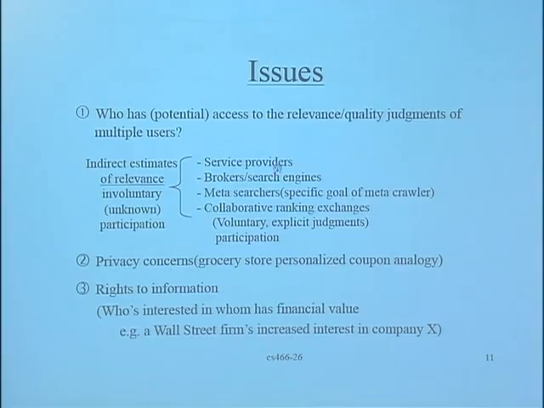Now, one of the problems, of course, with collecting all these relevant judgments, as I've been describing so far today, in terms of people's judgments about what's a good web page or what's a good restaurant or what's a good film, is that this is not cost-free. And I'll give you an example. Clearly, if collaboratively it was discovered that lots of people, generically, or lots of people like me in particular, will tend to like restaurant X, that has undesirable effects on me.